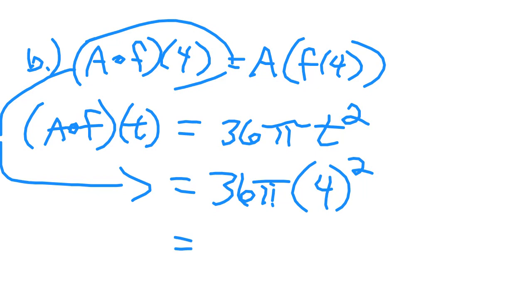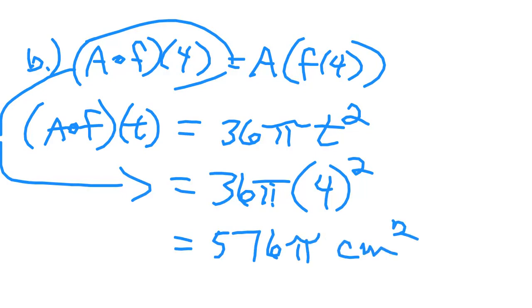I could double 36 four times because 2 to the 4th power is 16. So 36, 72, 144, 288, 576. So 576 pi square centimeters.